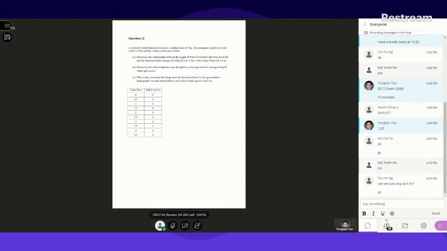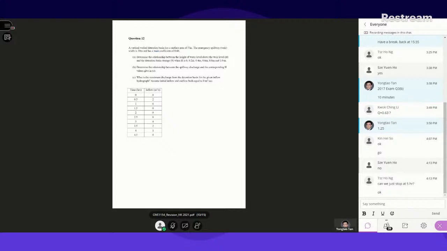Because this is a vertical wall detention basin with a surface area of 5 hectares, it is very easy to calculate: the surface area times the height above the weir level. Then determine the relationship between the spillway discharge and the corresponding H value.